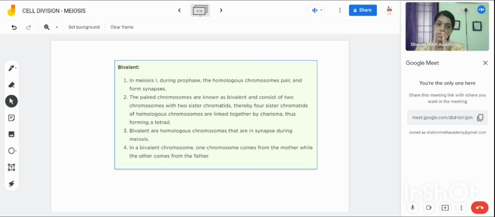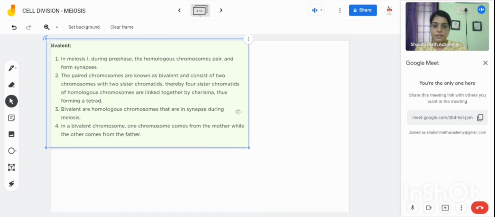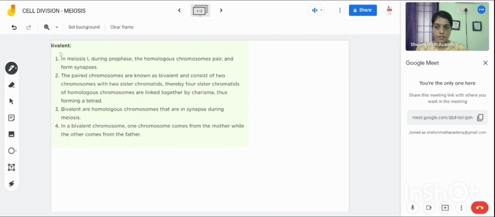They come together, isn't it? See, this is one chromosome. Now I've got another chromosome. It should be almost of the same length, shape, and size.